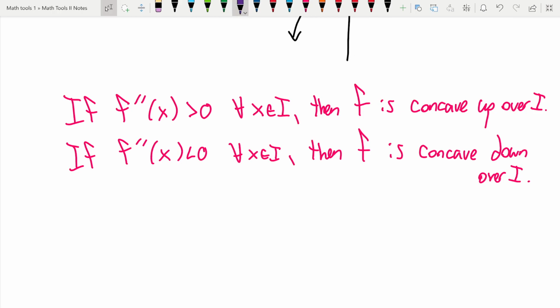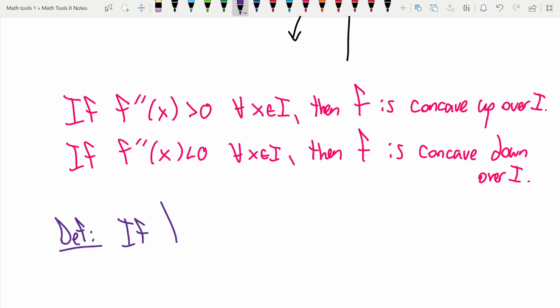So we also have an equivalent for critical points, to determine where functions are changing from concave up to concave down. I guess we could call this a definition for inflection point.